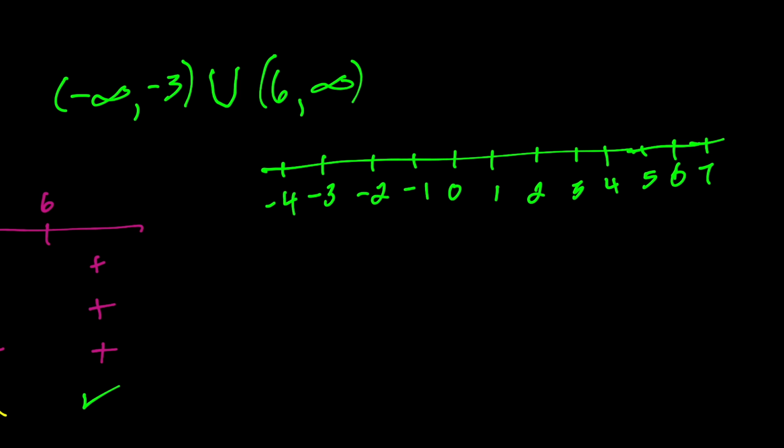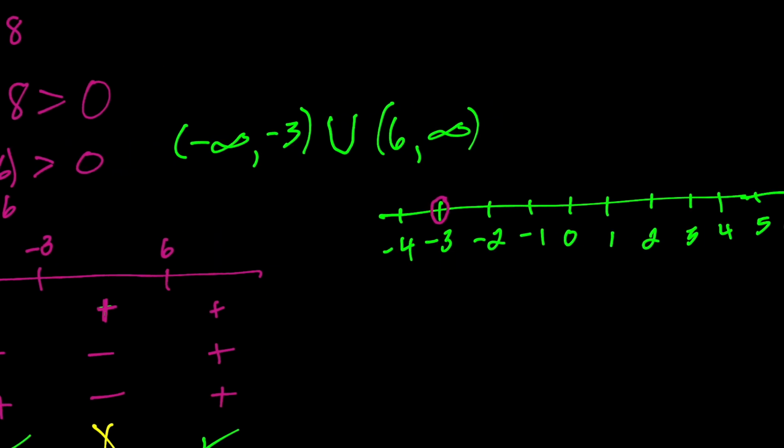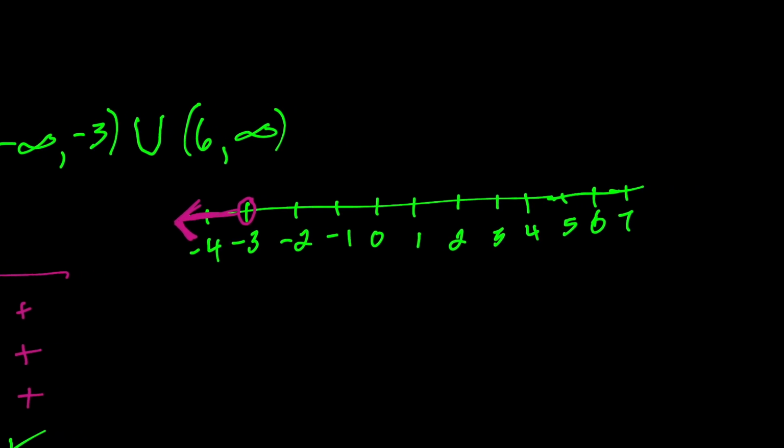So everything less than -3, open circle because, again, way back here, we had no equal sign. It was only greater than. So from -infinity to -3, but it doesn't include -3. The other direction, we had 6. Got to move my line back over. 6 to infinity. So here it goes. Open dot at 6, shade the line to the right.